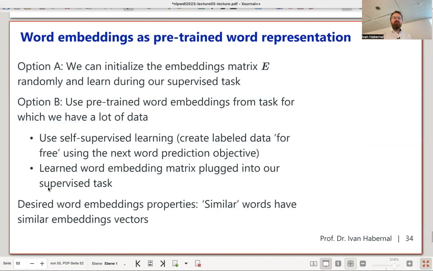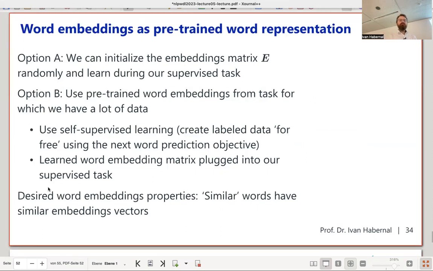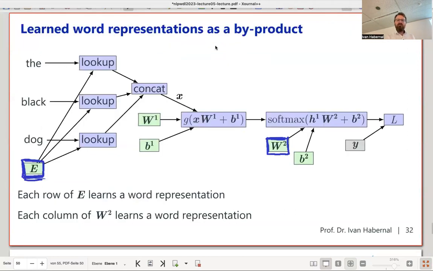So word embeddings. These are pre-trained word representations. Why do you call it pre-trained? Well, you can just run it on unlabeled data and it will learn the matrix. So if you train the neural model, you will learn this representation of words, which you can then use later on for something else.